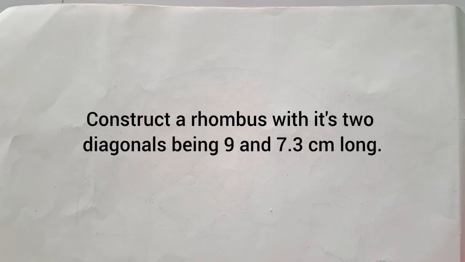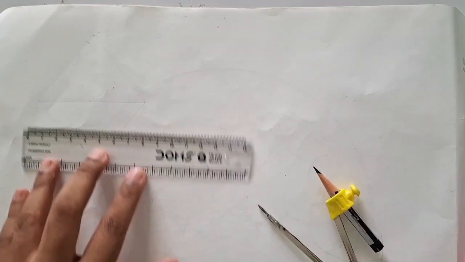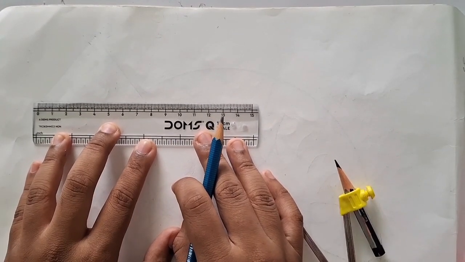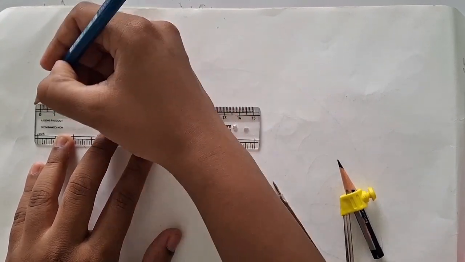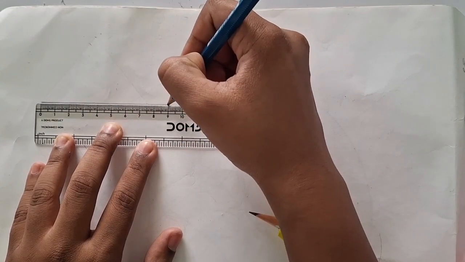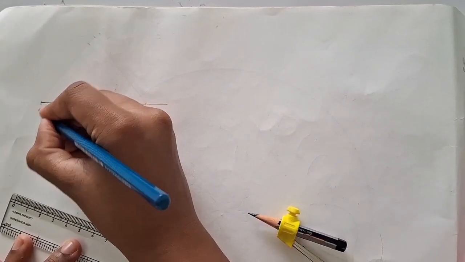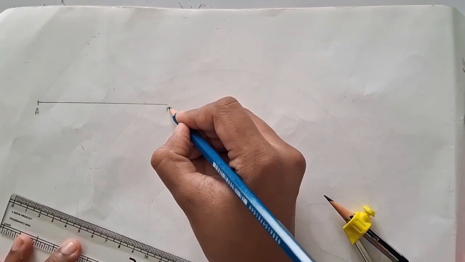Now moving to the next question. Construct a rhombus with its two diagonals being 9 and 7.3 centimeter long. So now here I am taking 9 as the base. This is line AB.